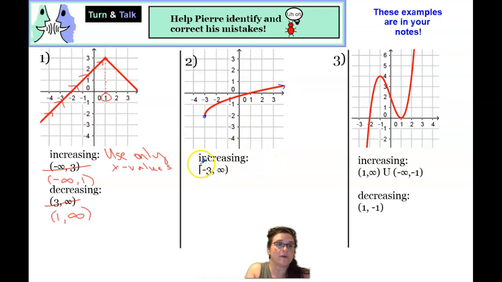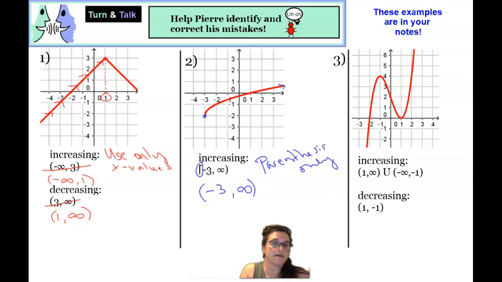However, remember that we only use parentheses, right, not brackets, when we're doing intervals of increasing, decreasing, and constant. So this should be parentheses only, right? No brackets. So we would represent the interval where the function is increasing as -3 to infinity, non-inclusive.